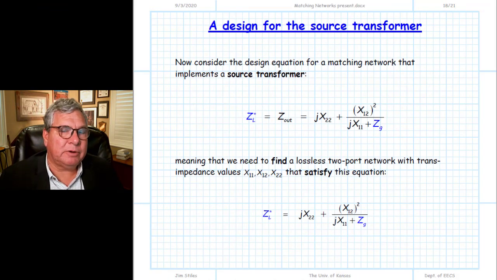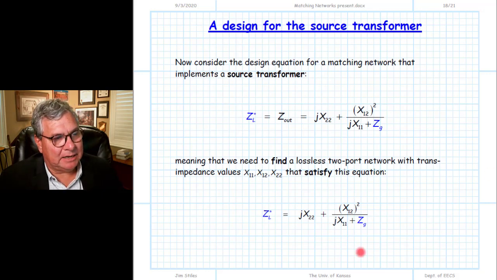If we want to transform our source into a new source whose source impedance is the complex conjugate of our original load, then this becomes the design equation that is extracted. This is the value for Z out under the transformation, and we want that Z out to be equal to the complex conjugate of ZL, and so combining these, we get this result as our design equation. We want to find a two-port device with the transimpedance parameters that satisfy this equation.